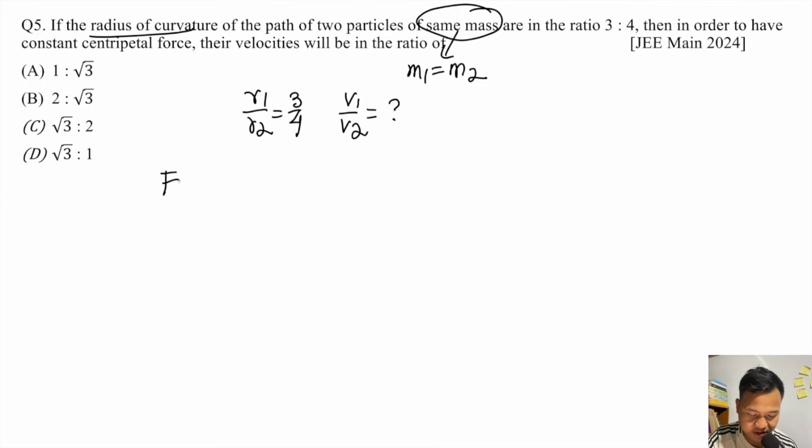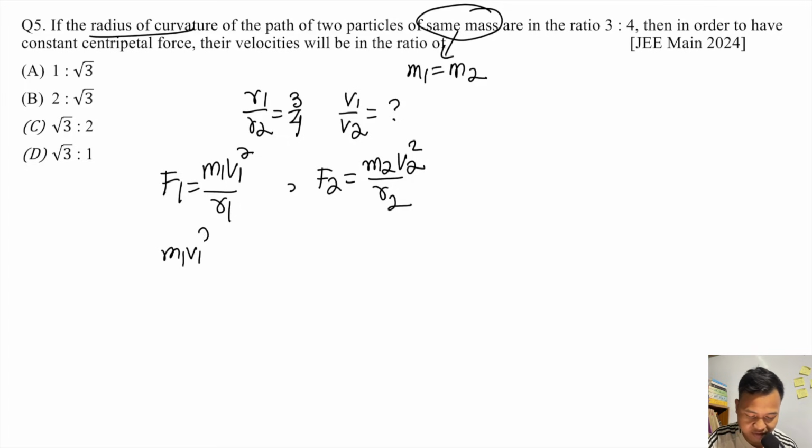Let's say the centripetal force for the first one is m1 v1 square divided by r1, and for the second it is m2 v2 square divided by r2. If they are equal, m1 v1 square divided by r1 equals m2 v2 square divided by r2.